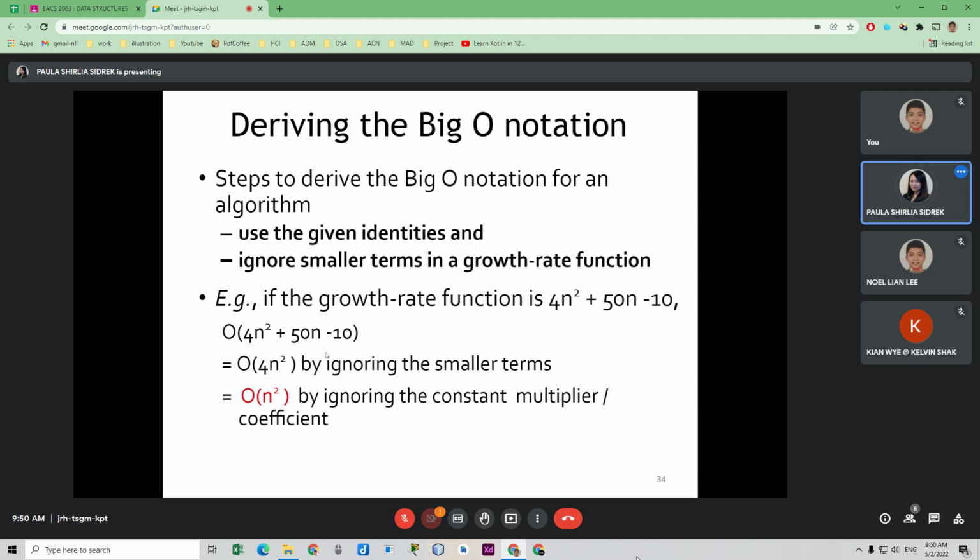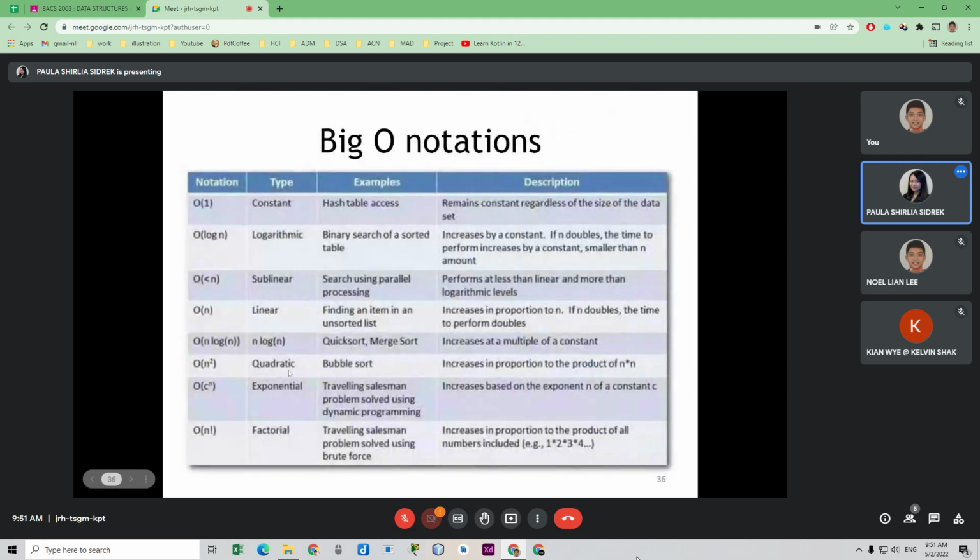You remove the 4 as well because as the growth rate increases, this value is no longer significant. Therefore, you derive it as O of n squared by ignoring the constant multiplier, which is 4, or coefficient. So basically, this function you will derive until, oops, sorry about that.